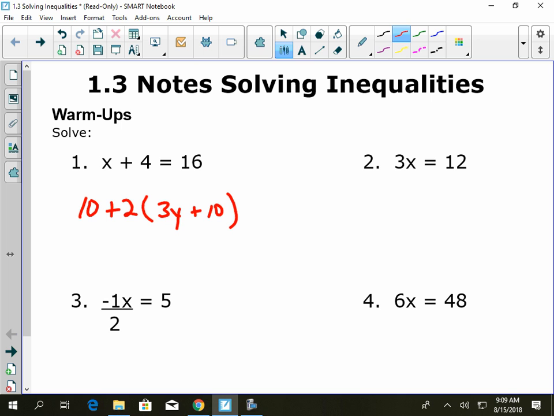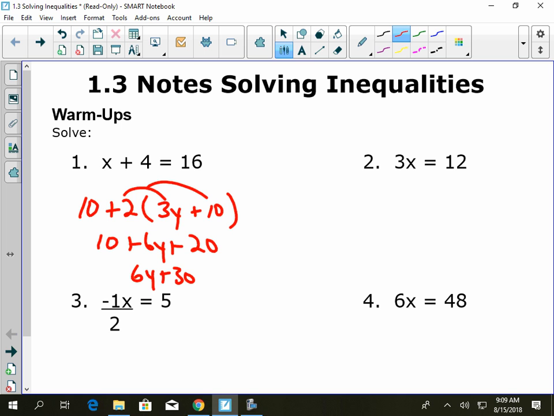Some of you are adding 10 and 12. You can't. PEMDAS tells us we have to clear parentheses first. So that means we distribute: 10 plus 6y plus 20. 10 and 20 can be combined: 6y plus 30.